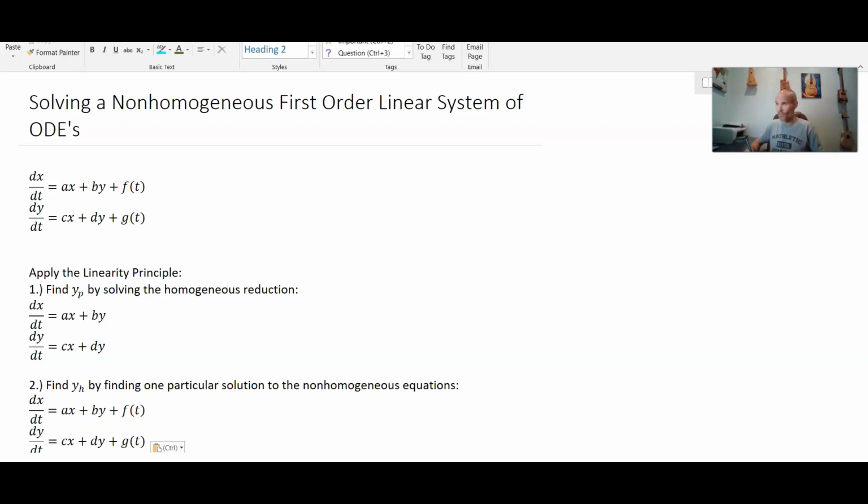But the thing that makes these ODEs non-homogeneous is the fact that we're allowing something other than a term involving x or y to be added. Now keep in mind these are first order, and this method will only apply to first order systems. It's called the linearity principle, and that has to do with the fact that these are first order linear systems of ODEs.